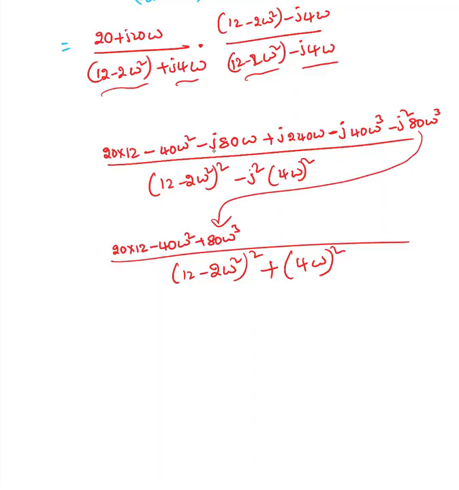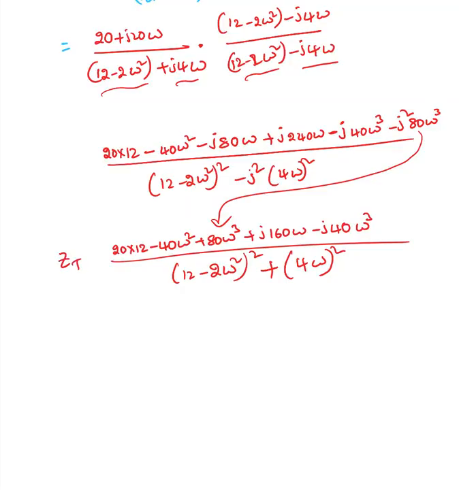Now I have minus j80 plus j240, so I'll end up with plus j160 omega, and then minus j40 omega cube. Okay, this is your total impedance, Z total.